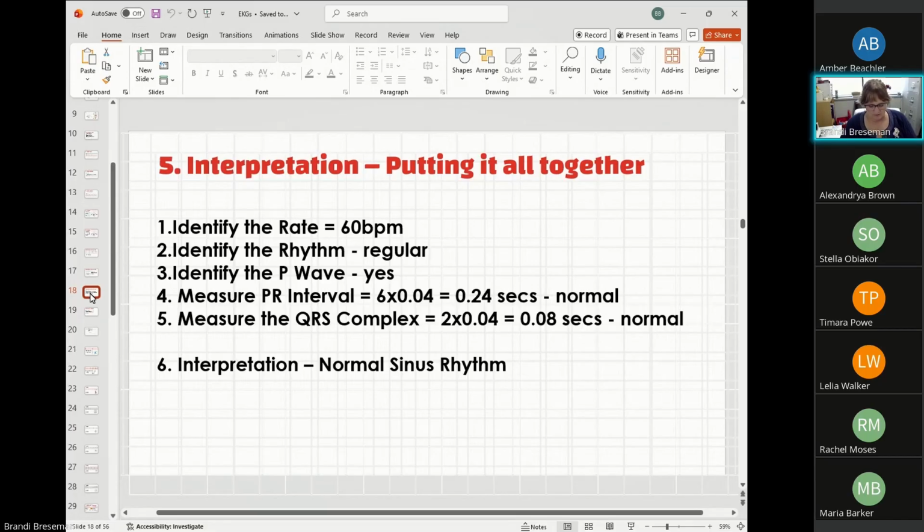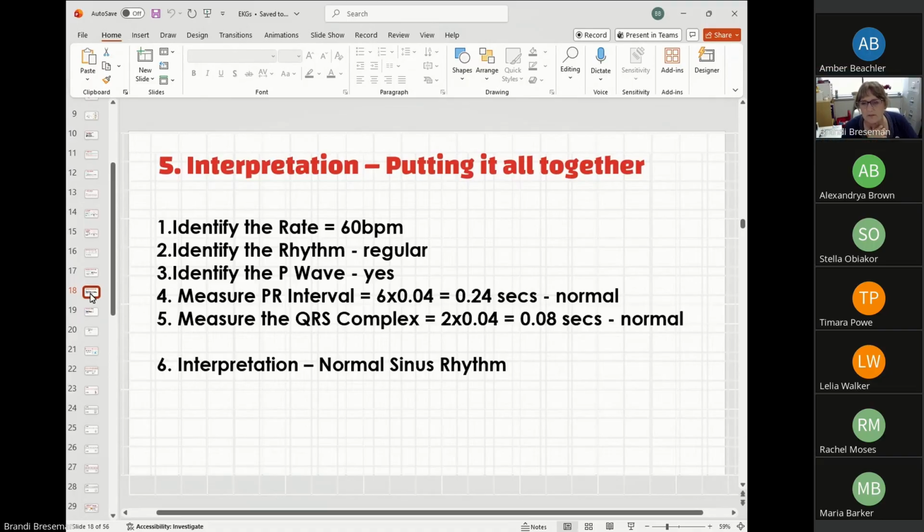It used to be 0.2. What is it? The PR interval is 0.12 to 0.20. That's what I thought. So technically that's not normal. That's why I don't agree with it, but we're going to say it is.